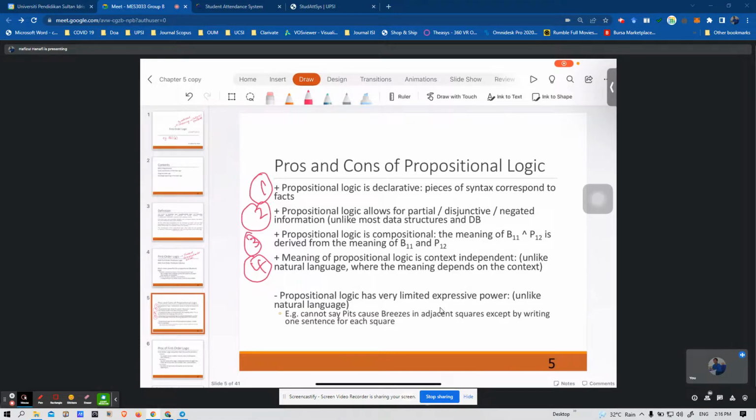Number four, the meaning in propositional logic is context independent, unlike natural language where the meaning depends on the context.